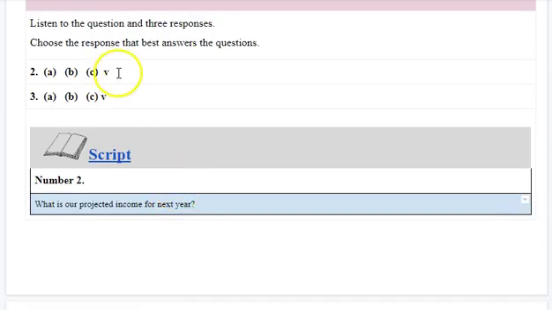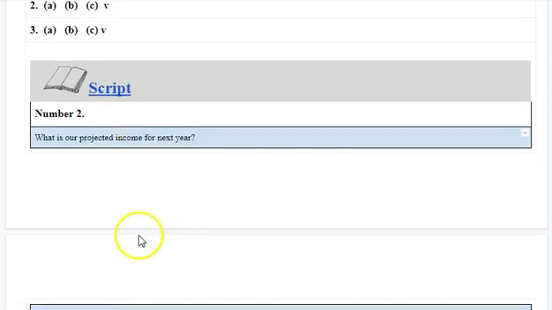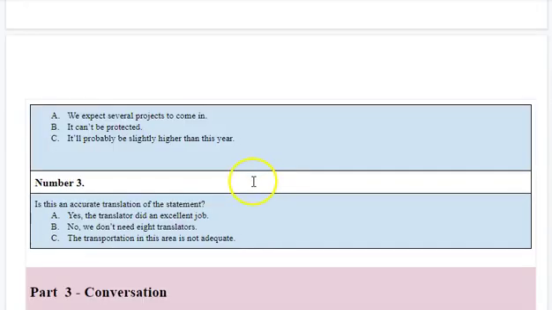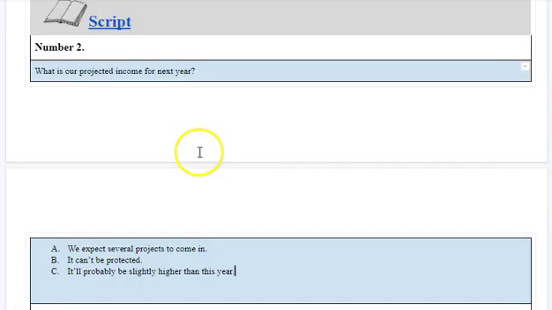So, what is our projected income for next year? What is populated percentage? A. We expect several projects to come in.